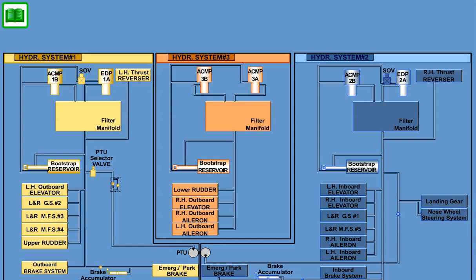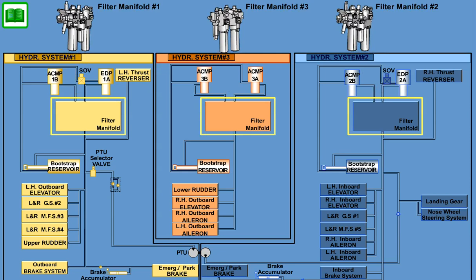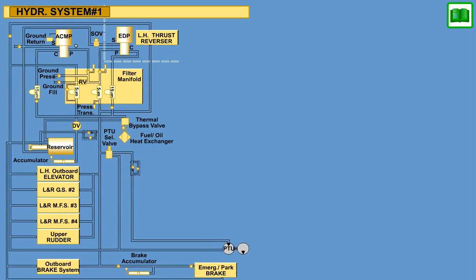The hydraulic systems 1, 2, and 3 each contain a filter manifold assembly to provide filtration control in the hydraulic system. System 1 and 2 assemblies filter the supply fluid coming from the aircraft pumps, EDP and ACMP, the return fluid from the users, the reservoir fill fluid, and incoming supply pressure fluid from the ground service panel.